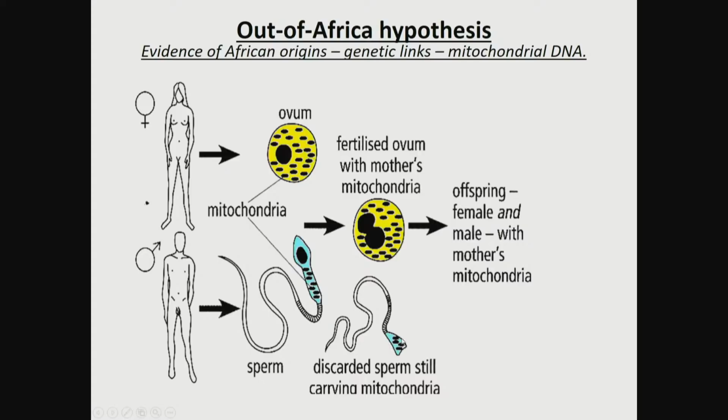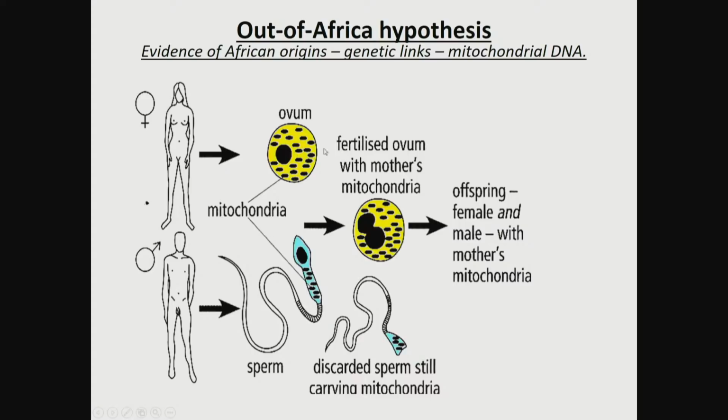That means the mitochondria of the male is not transferred to the female. So the new offspring doesn't have mitochondrial DNA from the father. It's lost. That is why we can use mitochondrial DNA to trace back Mother Eve.